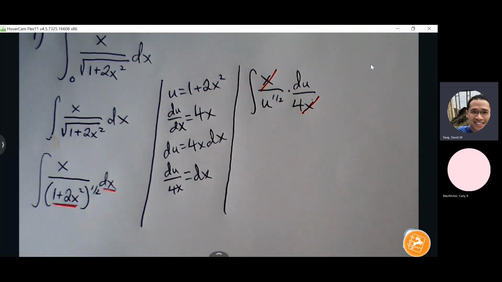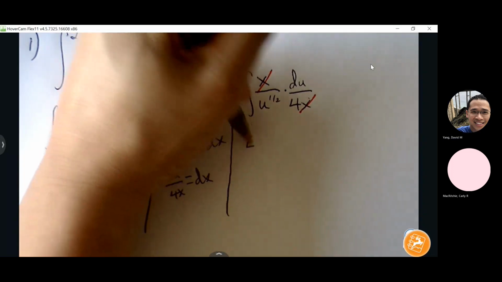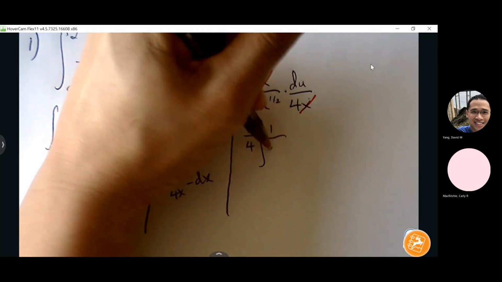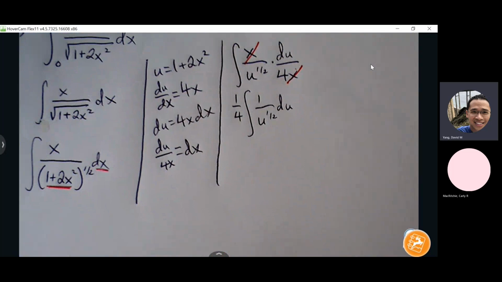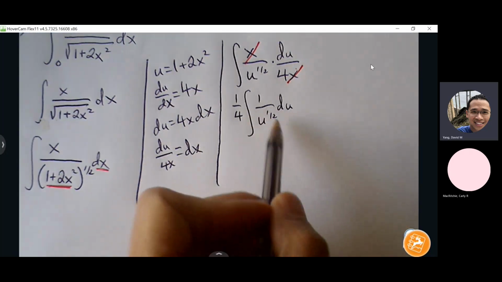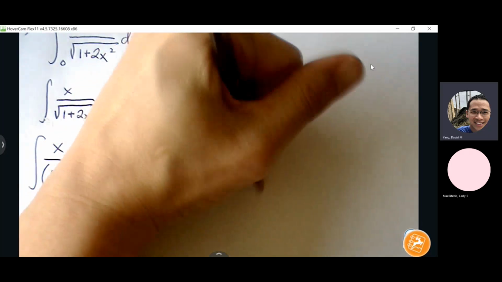So how would you get this ready for power rule? 1/4 out. What else? Bring the u to the top. Yeah, we can't leave this u at the bottom and go through power rule here. It's not going to give us the right answer. The variable has to be sitting nicely up top.